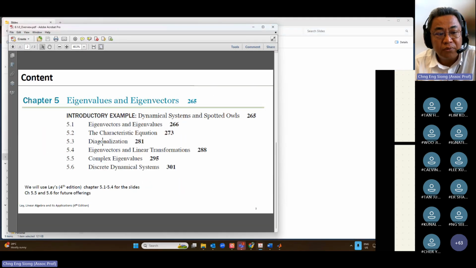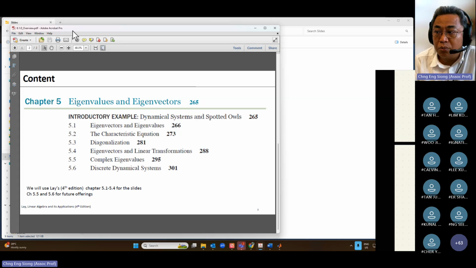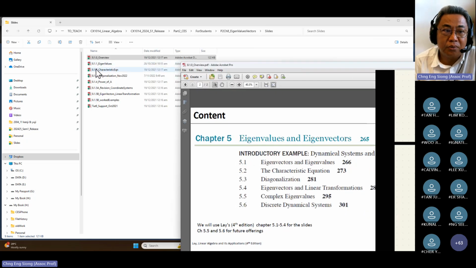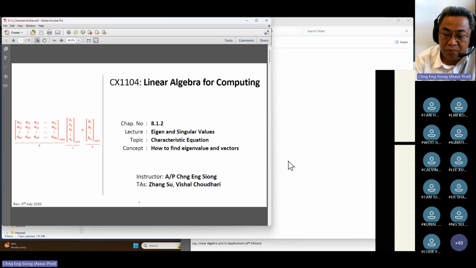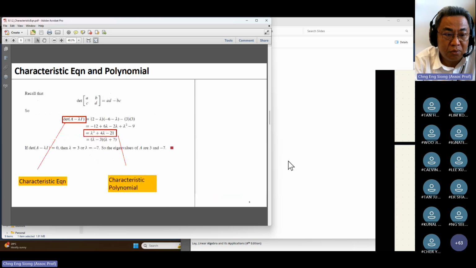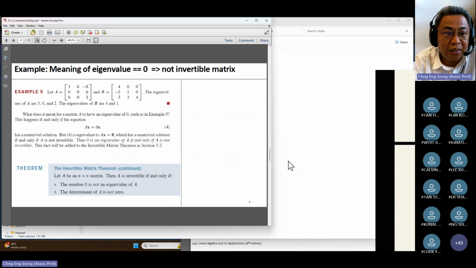So where's the diagonalization? Yeah, chapter 5.3. So I've skipped chapter 5.2 because it's not very exciting. I've done chapter 5.1 to death. 5.2 is your typical, very simple 2 by 2 matrix decomposition questions, which you have to do, of course, because we are always going to ask you to find the eigenvalues and eigenvectors of these.